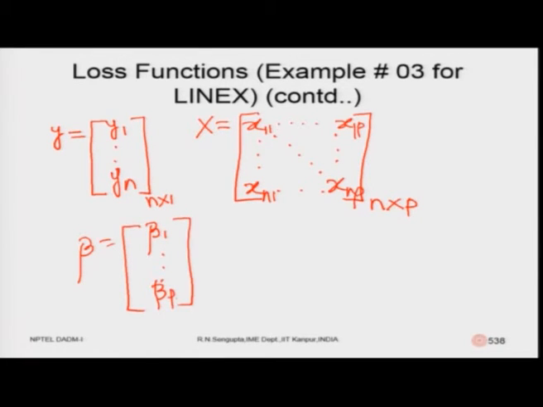These are the betas, beta 1 to beta p, and the errors are epsilon 1 to epsilon n. Based on that, we will try to find out the values of beta hats, which will also be of size p cross 1.